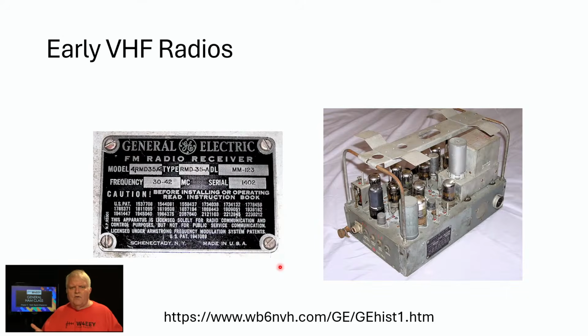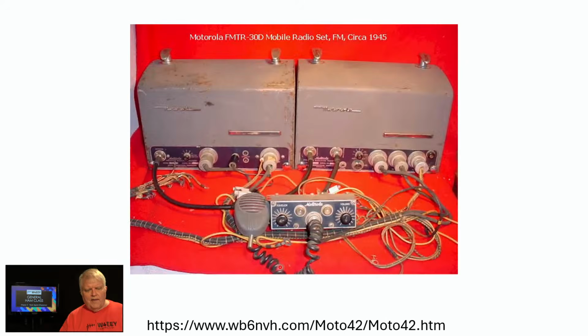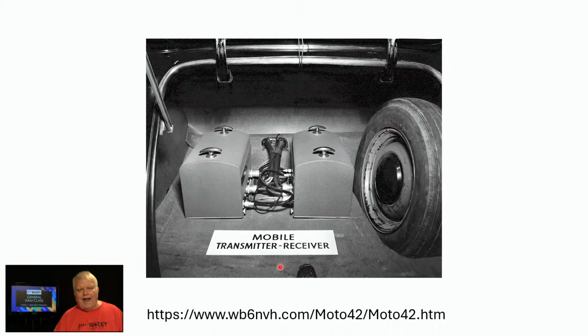such as those being used by the police or whatnot, were tube-type radios that look something like this or something like this here, and they would be used in police cars or for construction equipment, things like that. They might be mounted in the back, the trunk area. They used elaborate vibrator power supplies that would actually create square waves mechanically, and then use those to develop high voltage through transformers.